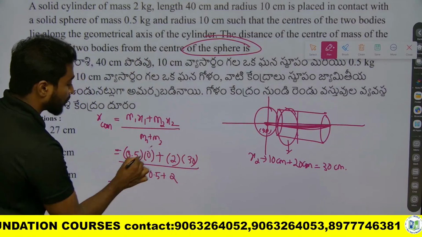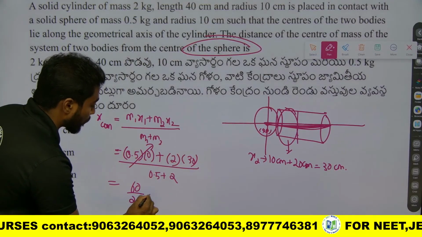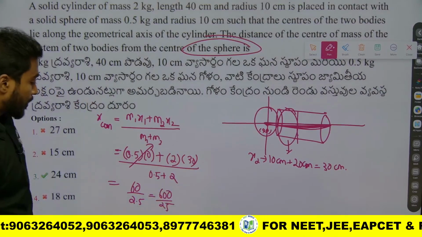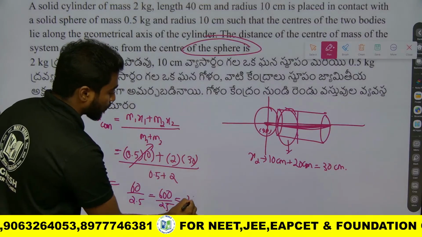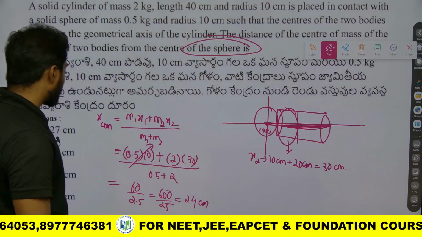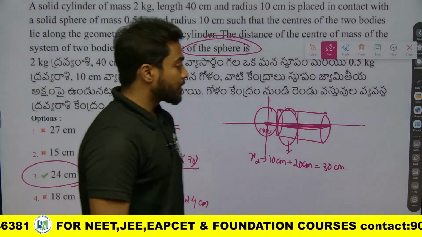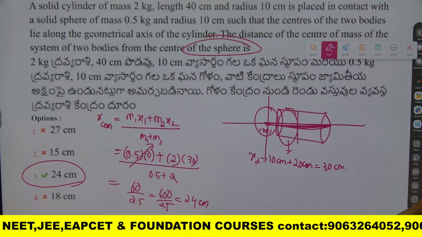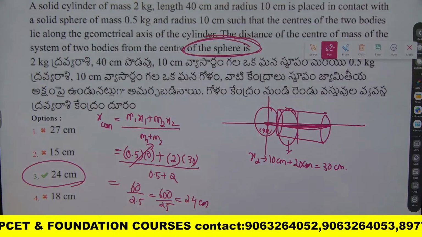I can neglect the first term, and this is 60 divided by 2.5, which is nothing but 600 by 25. So 25 into 24 is 600. So 24 centimeter, given in centimeter only. So 24 centimeter is the center of mass from the center of the sphere.